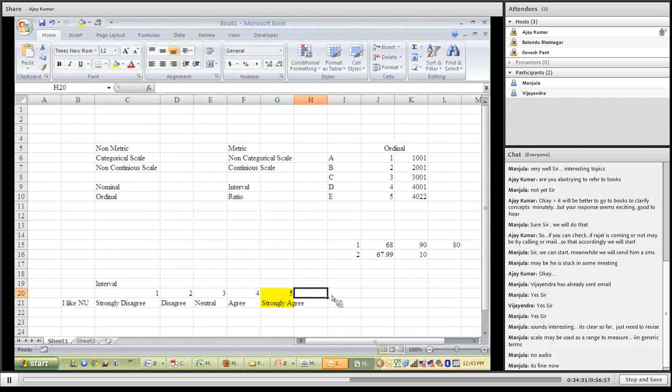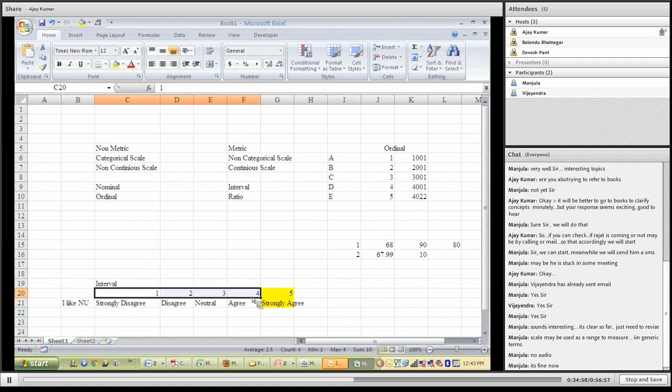The important thing here is that clicking 5 does not only tell us that you agree with this statement, but it also tells us how much you like NIT University as compared to someone who has clicked on 1. And that is because these distances are kept constant in interval scales.